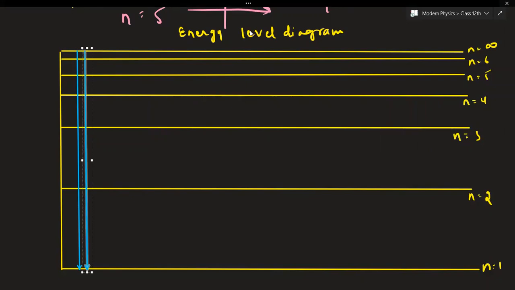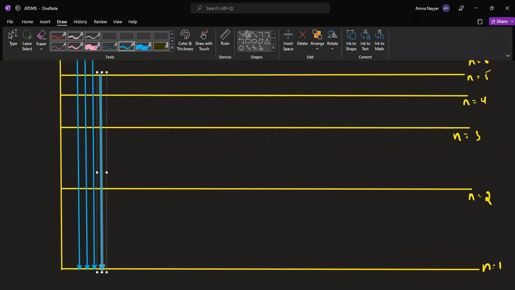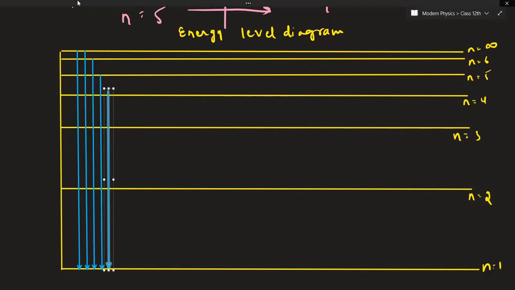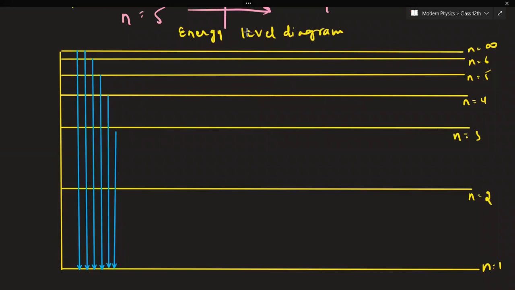Whether it's from infinity, from the sixth shell, from the fifth shell, from the fourth shell, from the third shell, or from the first excited state, which we say n is equal to 2.